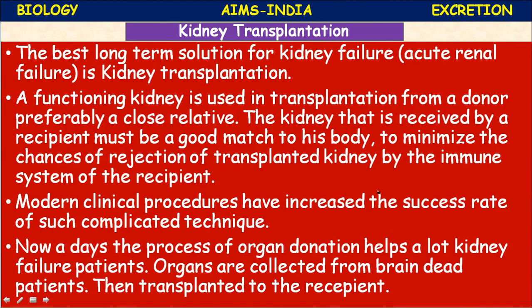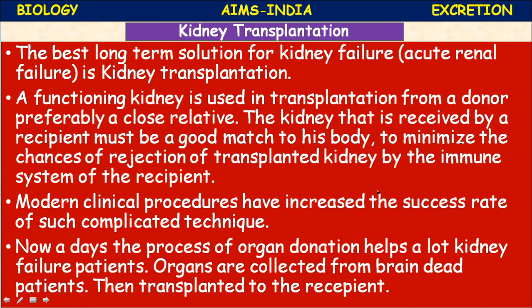No doubt one kidney is sufficient to survive. A little load is there on that kidney, but no problem, the person can lead a normal life with one kidney. That's the reason donors are selected from brain dead people.